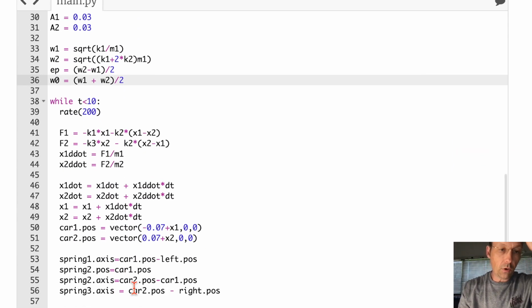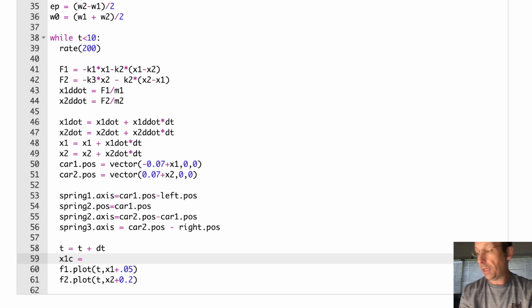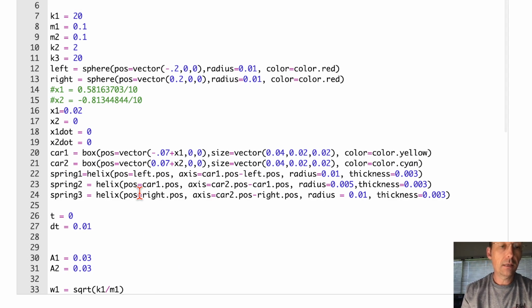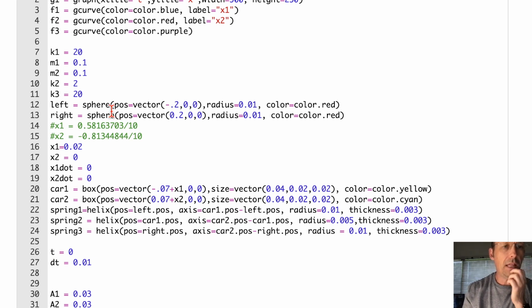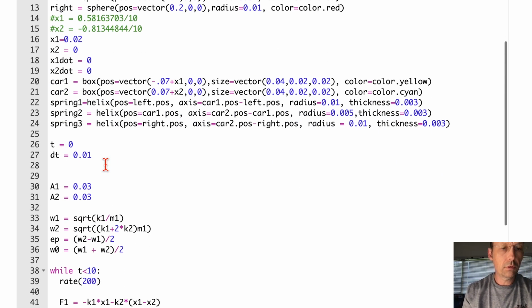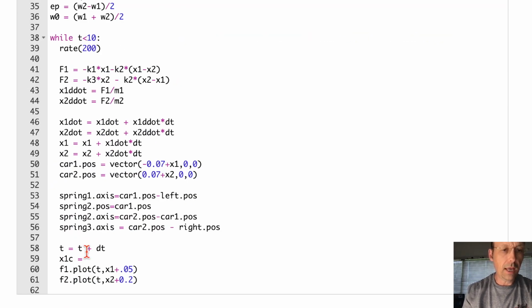Now, let's just go ahead and plot this thing. Let's calculate it. So I'm going to call it xcalc. And put it right down here. X1c is going to be equal to A, where A is the same value. What do they have up here? 0.02. So let's put that as 0.02. That's A1. That's fine.